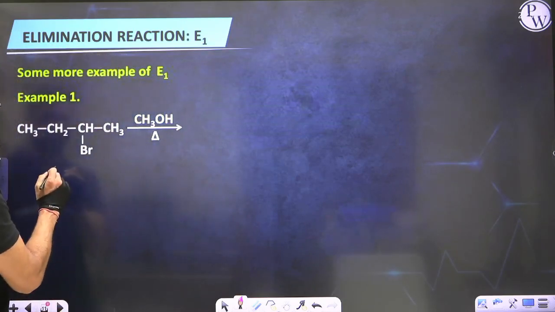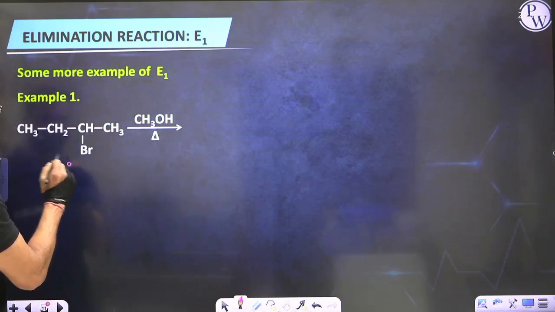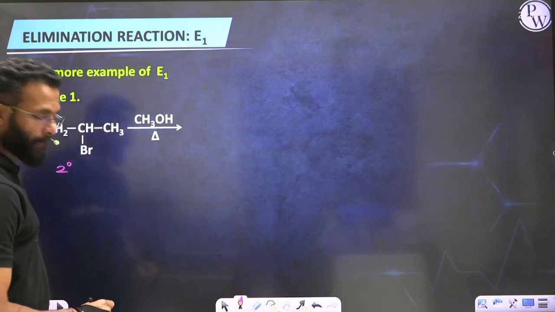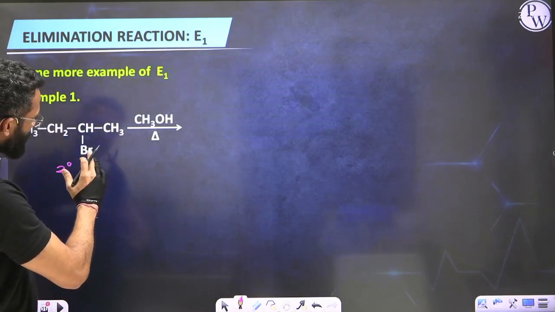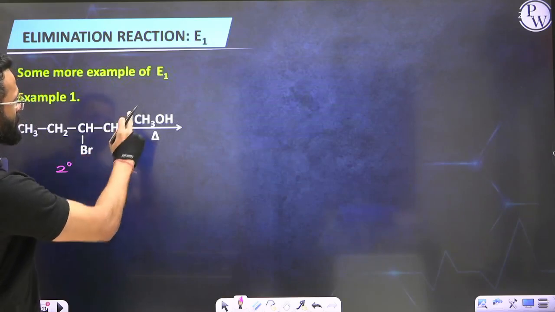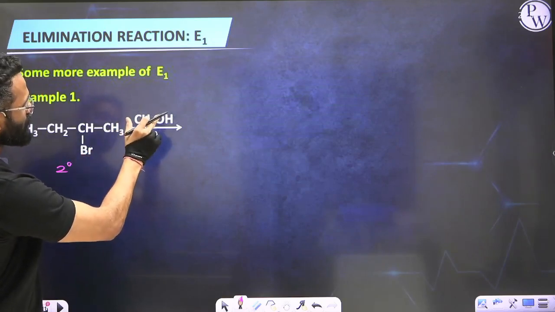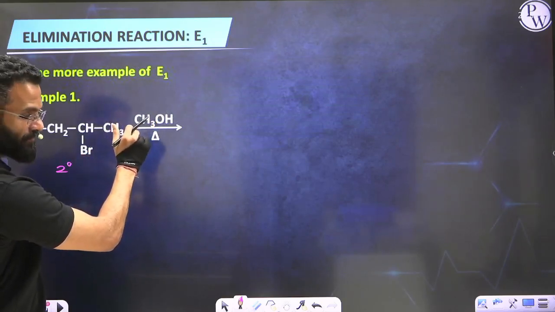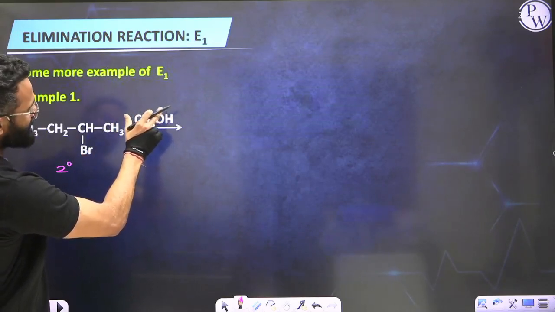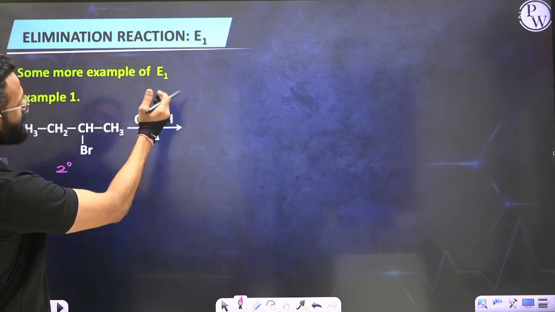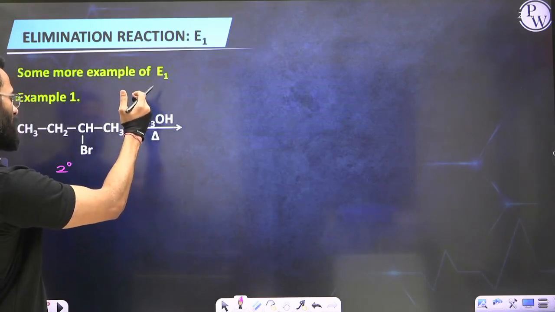So the degree of alkyl halide is secondary. Right, everyone? So this is quite favorable for E1 as well as SN1. The solvent which is given is not a strong species, everyone. This is not an anionic species. Had this been anionic, the possibility could have been SN2 as well as E2.